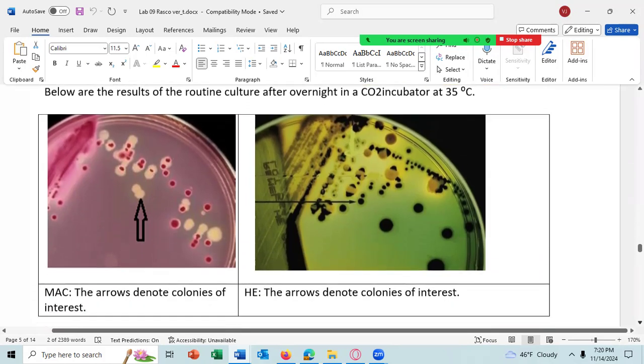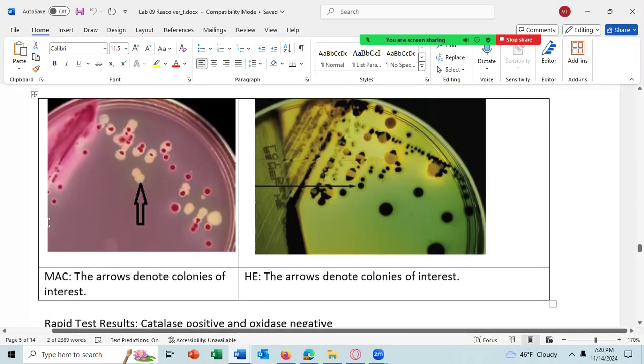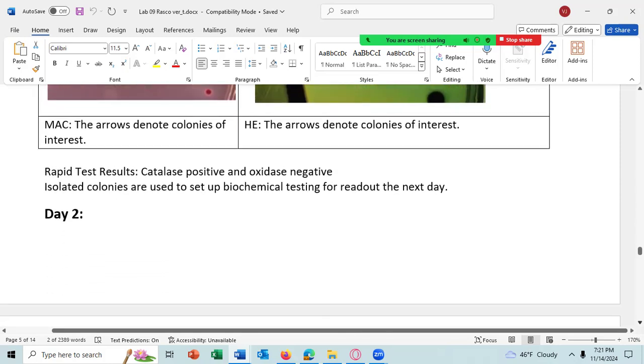Here we have the bacteria grown on a MacConkey's plate, and take a look at the colony the arrow's pointing to, and then the colony of interest on an HE plate. So here we're looking at a colony with a small arrow there. And that's telling you some information on the HE and the MacConkey's plates.